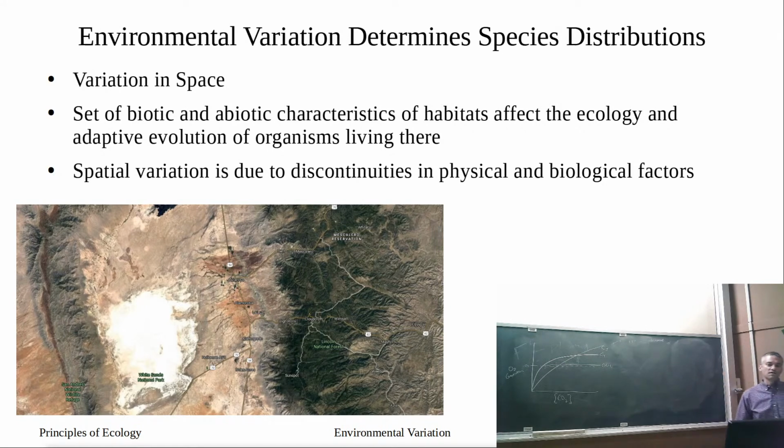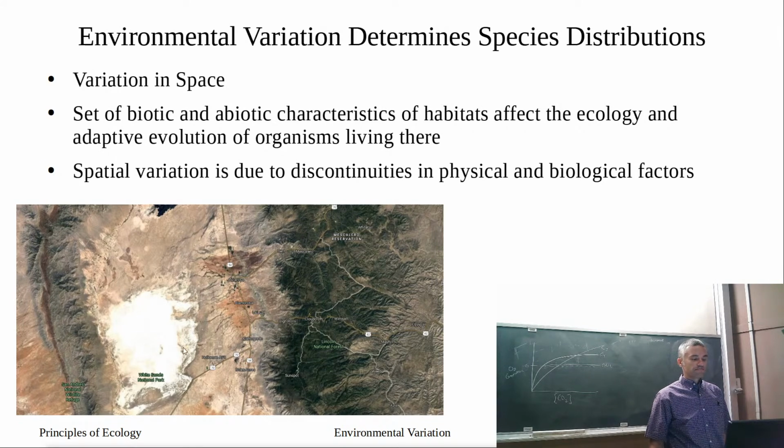So what causes that spatial variation? It's typically due to the discontinuities in physical and biological factors. So here's just an overview, a satellite image. This is White Sands National Park, and I thought it represented a pretty good image of the spatial variation.